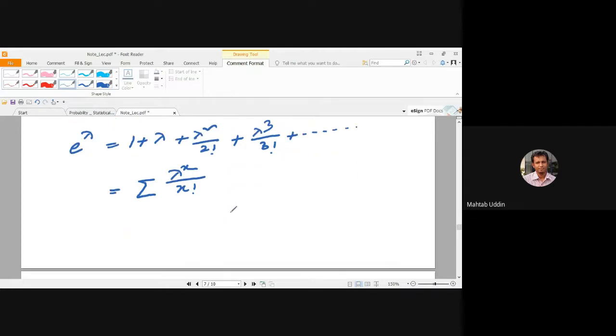Okay. Now, the Poisson distribution has the form f(x) is e to the power minus lambda, lambda to the power x by x factorial. Now, if we take the total sum of f(x), what can we find?